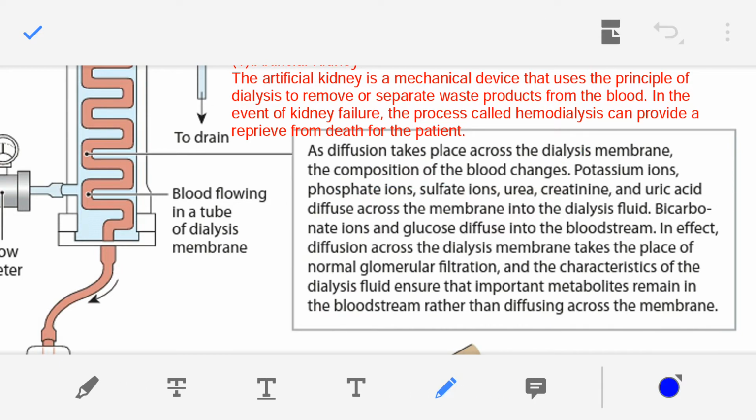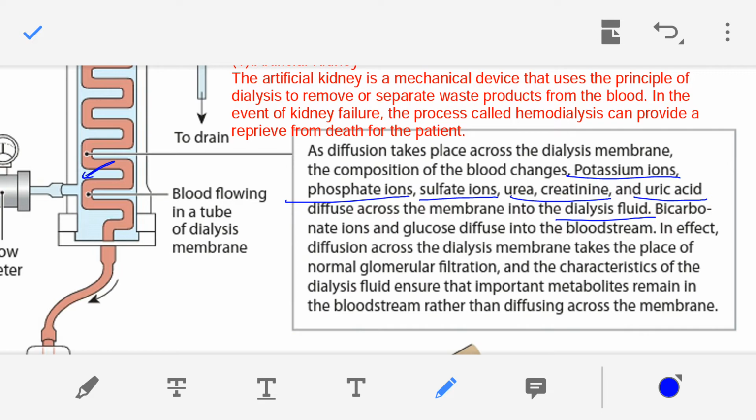From the patient's blood, potassium ion, phosphate ion, sulfate ion, urea, creatine, and uric acid diffuse across the membrane into the dialysis fluid. So which components or molecules are coming out from the blood?